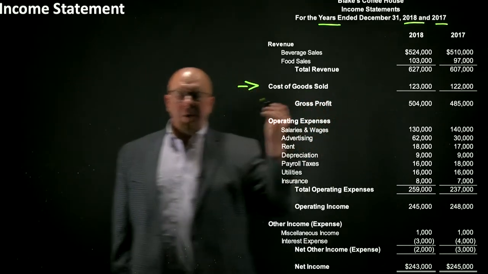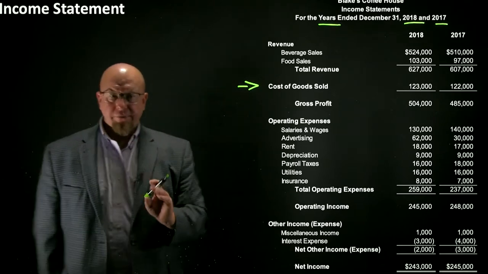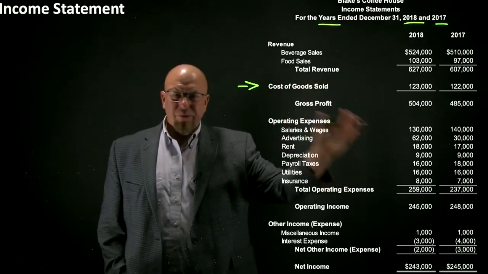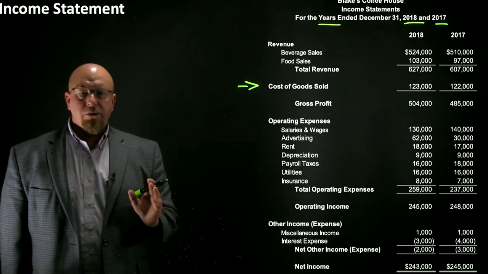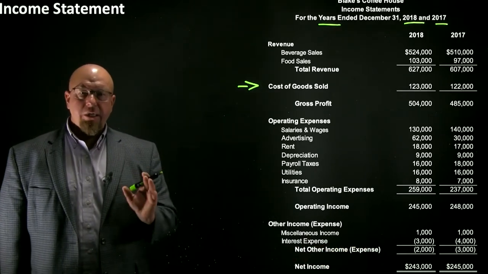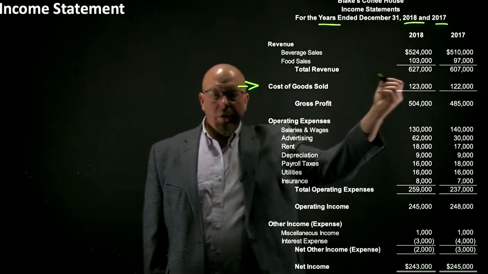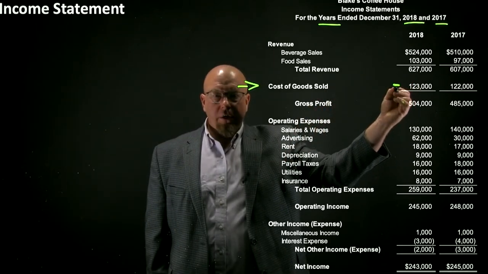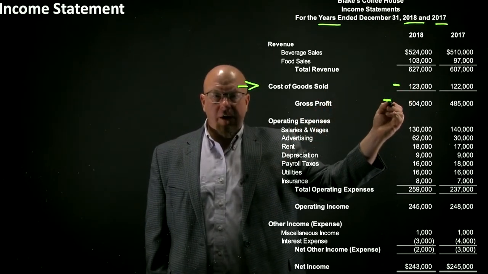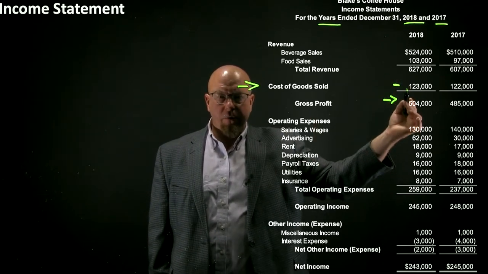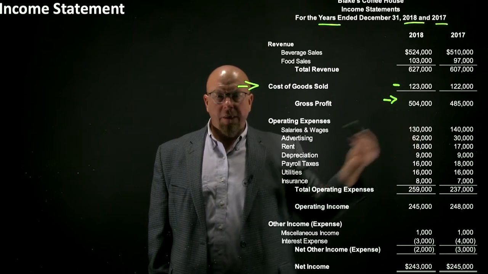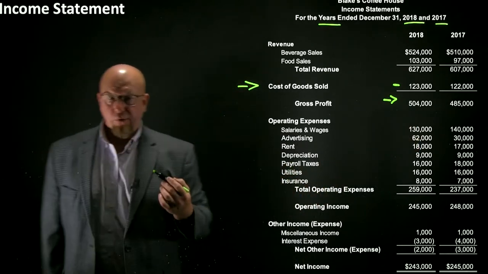And sometimes what can confuse people is we don't see any real minus signs here until we get down to the bottom. It's just generally understood that if you're reading an income statement, you're going to subtract an expense to arrive at whatever next subtotal. 627,000 minus 123,000 gives us a gross profit of 504,000.